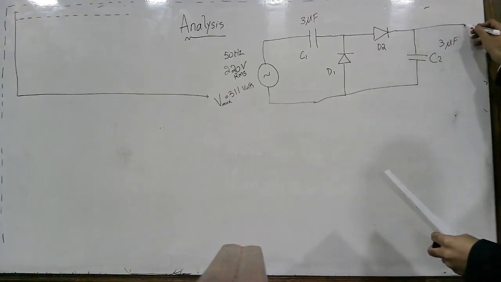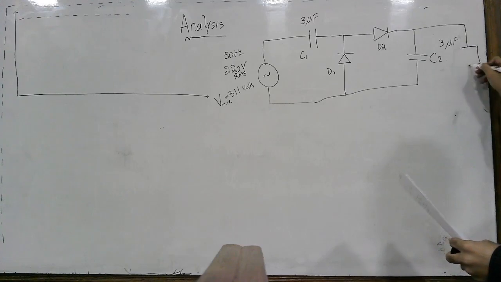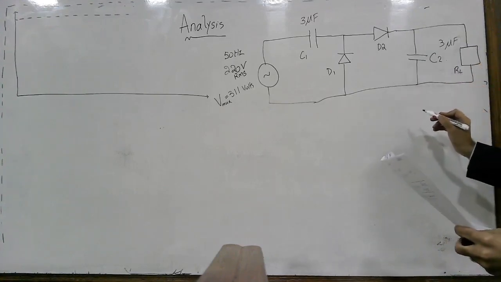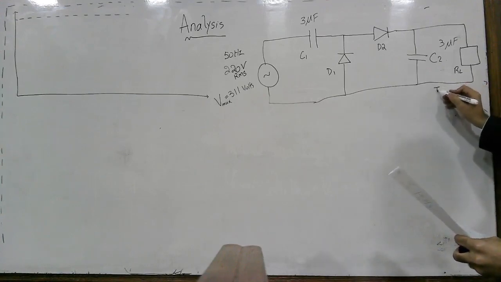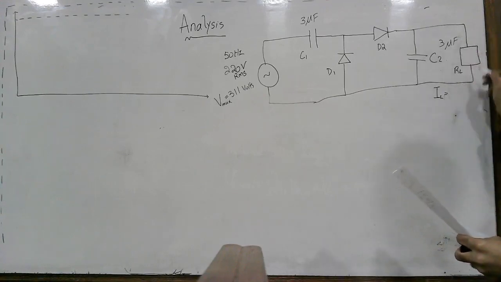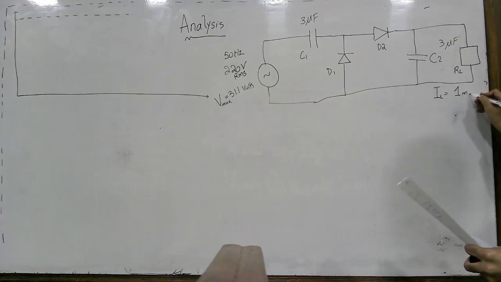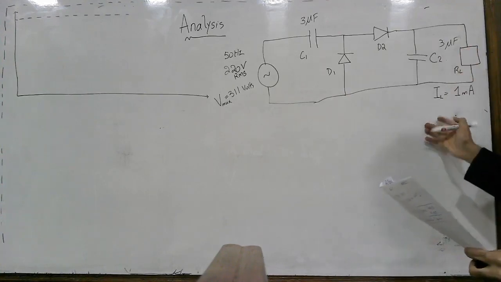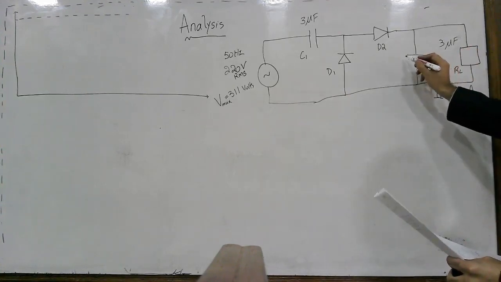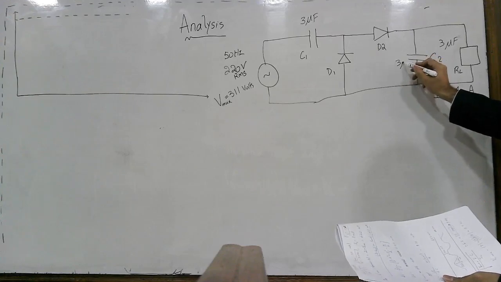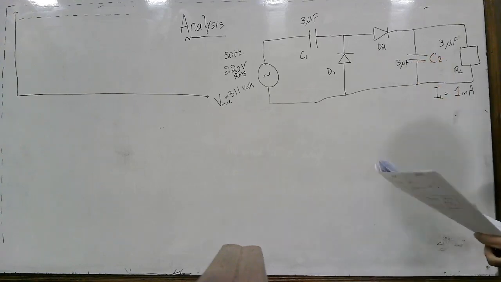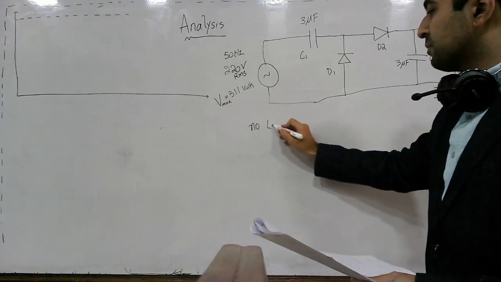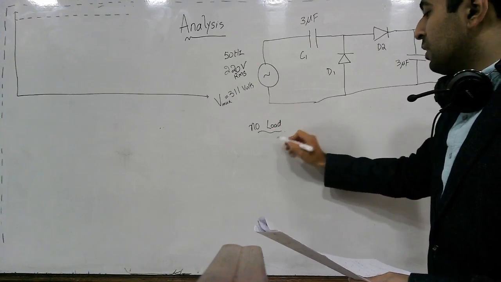Here we have the load resistance. Let's say the maximum current the load will draw is 1 milliampere, and the capacitors are the same, so this is also a 3 microfarad capacitor. At no load, what should be the output voltage?